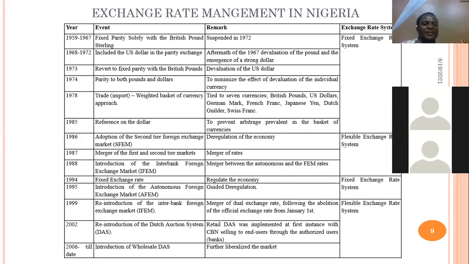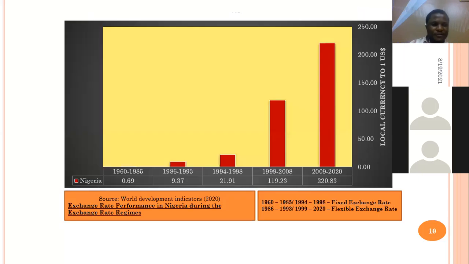While after 1986, during SAP, it was now flexible exchange rates. And in 1994, they returned to fixed exchange rate when Abacha took over. And then in 1999, when Obasanjo came, it went back to flexible. So it has been flexible, managed, flexible, and the rest.